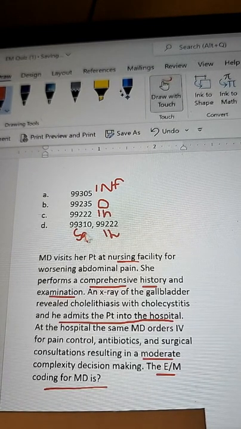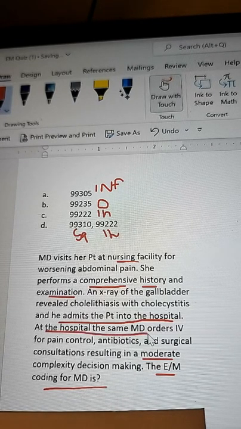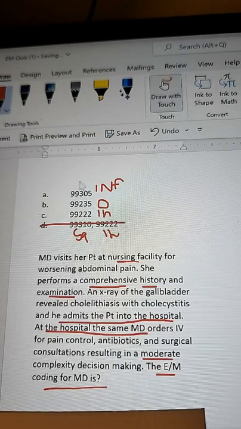Would D be a possibility for coming to the nursing home, seeing the patient there, but then transferring the patient to the hospital, and once at the hospital, doc follows them there and orders all this stuff? No. So we know D is a coding irregularity. And you know you're not doing any nursing home visits. So now only your difference is observation or initial hospital.